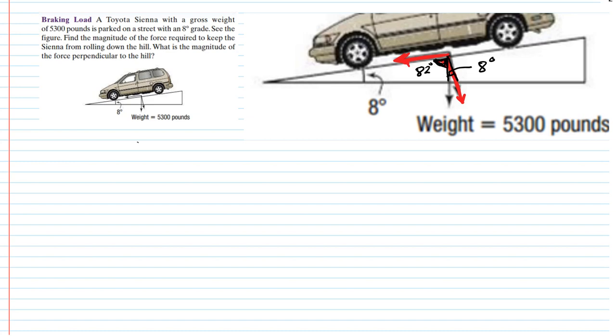Now, what I want to do is draw the weight vector. That's the 5,300 pound weight. And I'm going to draw those red vectors. This is the component of the force that is perpendicular to the hill. That's this part. Call it FP. We established the measure of the angle is 8 degrees, the same as the grade for the street.